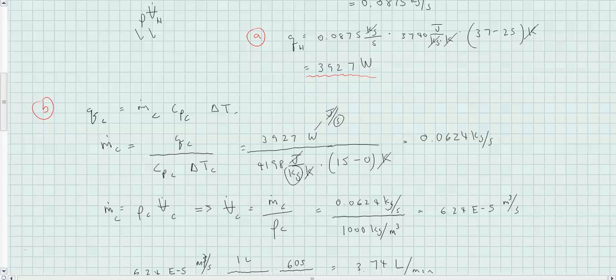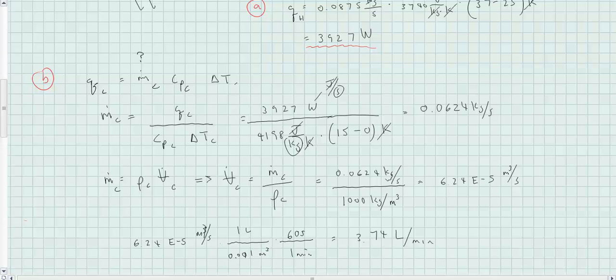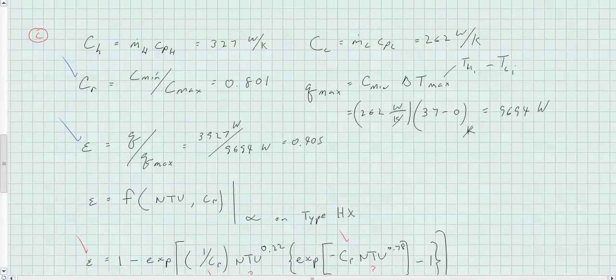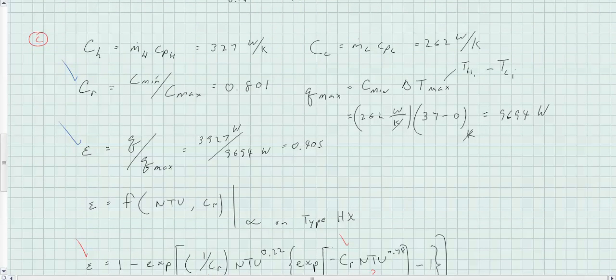We were just basically solving for the one unknown, which was this one, m dot C. We knew the C sub C for water, that's straightforward. We knew the temperature change of water. We also knew that Q_C equals Q_H. Finally, to finish off the epsilon-NTU method, we chugged through the basic calculations of the C sub H, the C sub C, the C_R, and the Q max.